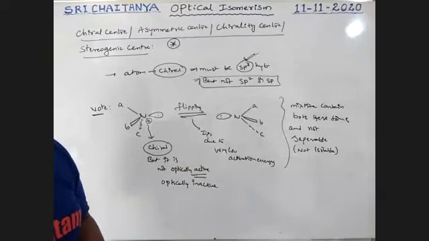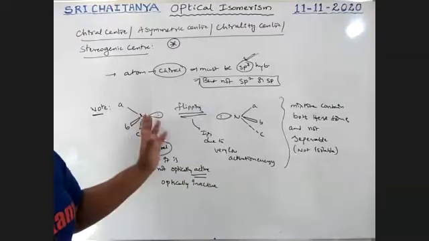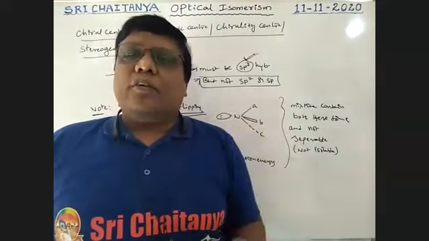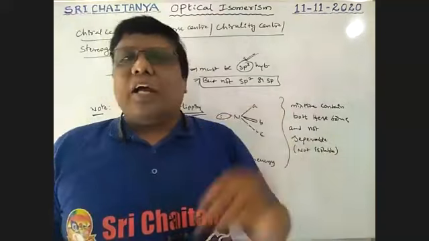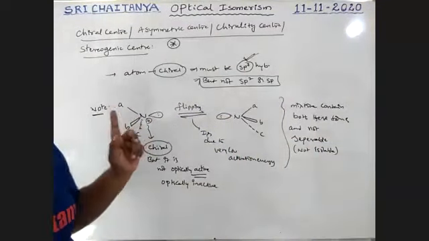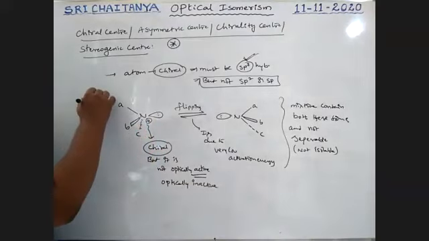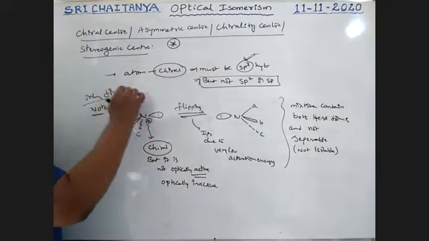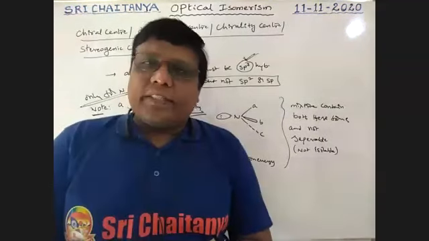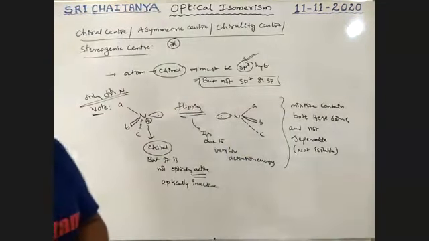This is only applicable for nitrogen. It is an exceptional case for nitrogen. Sulfur and phosphorus are as usual optically active, but not nitrogen, particularly in this case. Only for nitrogen, not for sulfur and other cases.